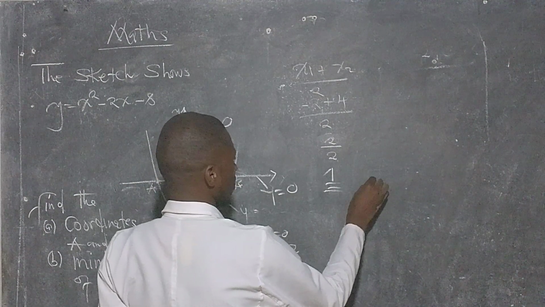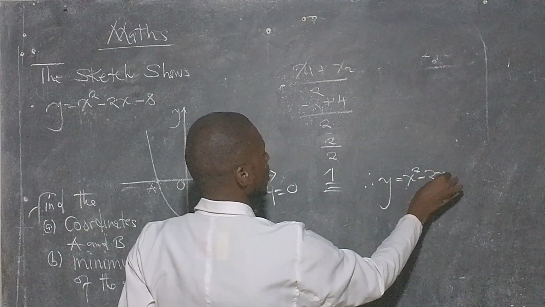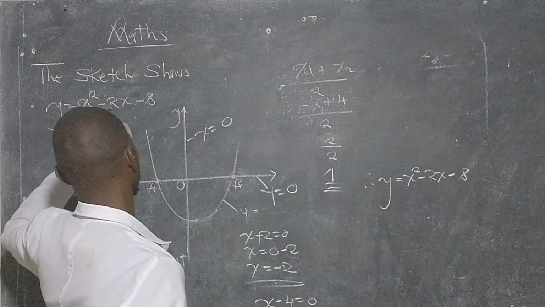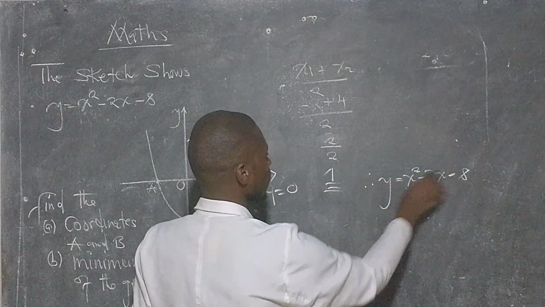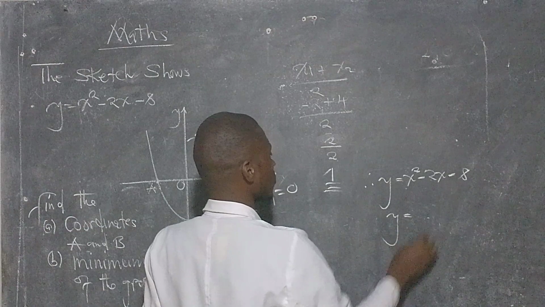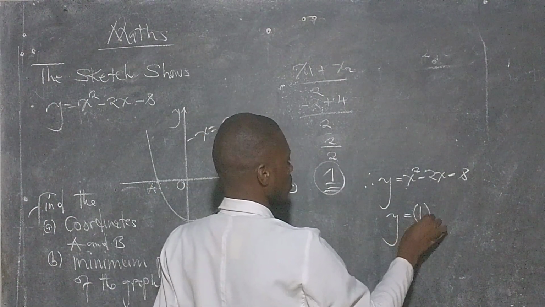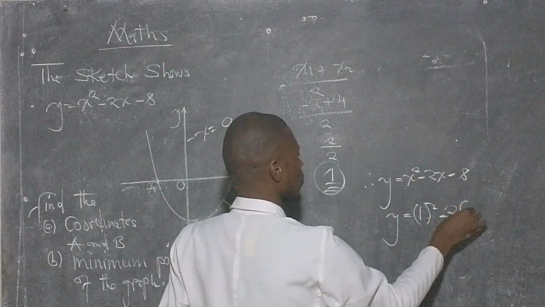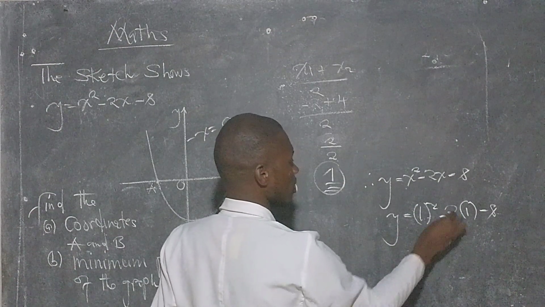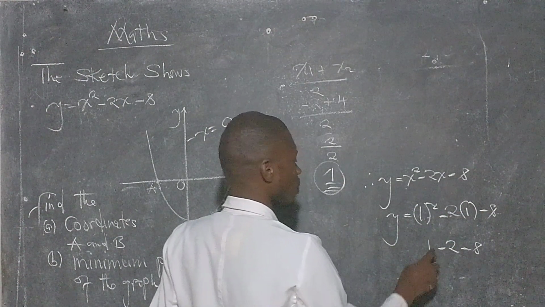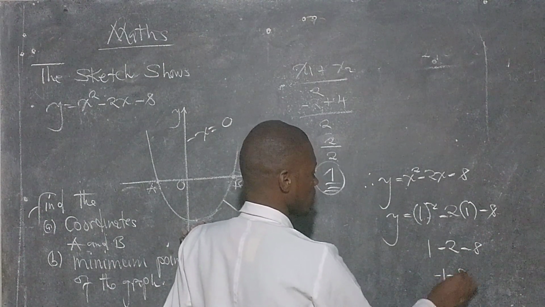Then we'll say, therefore, y is equal to x squared minus 2x minus 8. I've just used this equation, which you normally use. So from here, y is equal to, where there is x, you replace with this value. So 1 squared minus 2 times 1 minus 8: 1 minus 2 gives negative 1, minus 8.